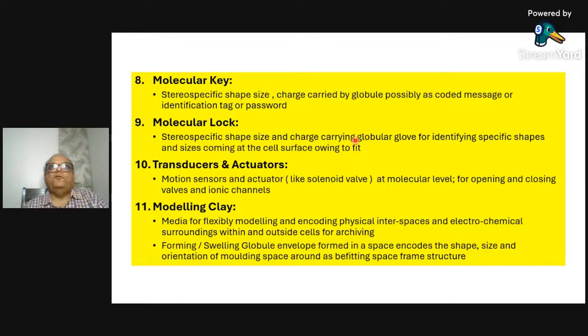So if the shape of globule represents the interspace, you can stretch it into a linear thing, read that code, convert it into nucleotide sequence, and put it on DNA so that the same can be reproduced wherever and whenever that context is there. Okay. So this is an interesting but lesser explored possibility, that use of proteins as a modeling clay.